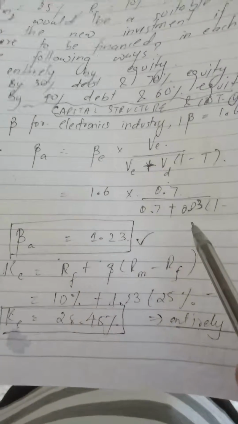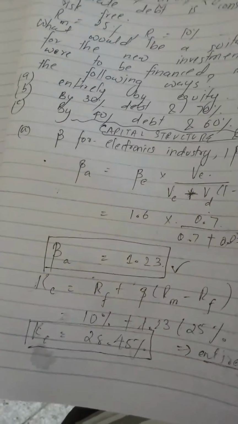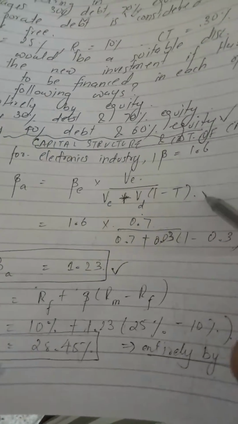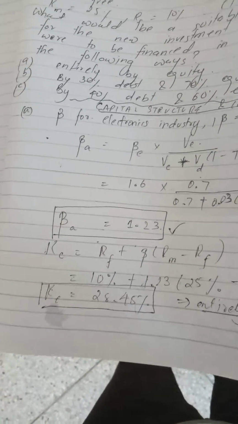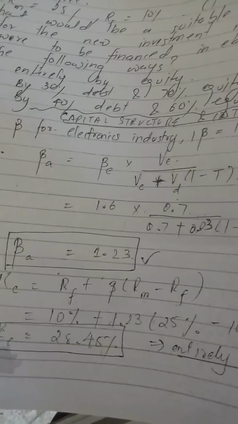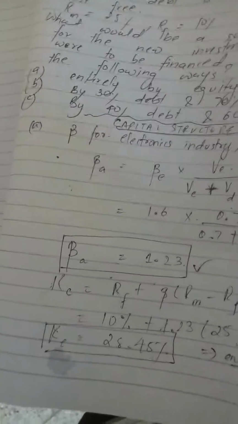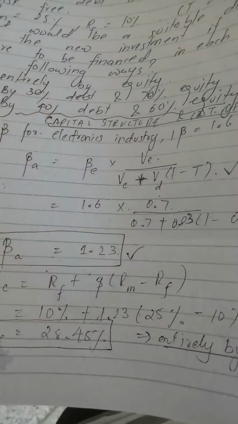In the first part we have to find the beta in reference to the given 30% of this and 30% of this. You can easily find the beta with the help of this beta asset, just putting in the values over here. Because this was the entire calculation by equity, we have to ungear the relative beta first and put that ungeared beta into our KE, which is the CAPM method, to find the cost of equity.